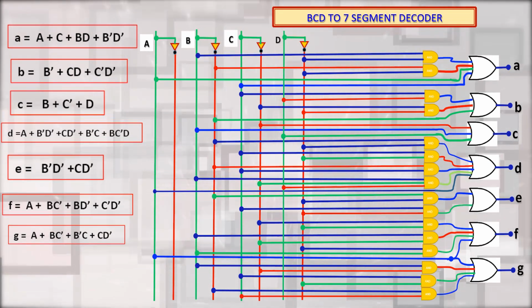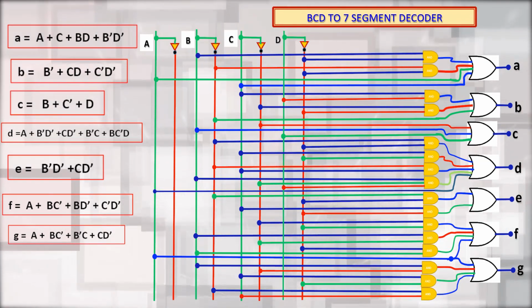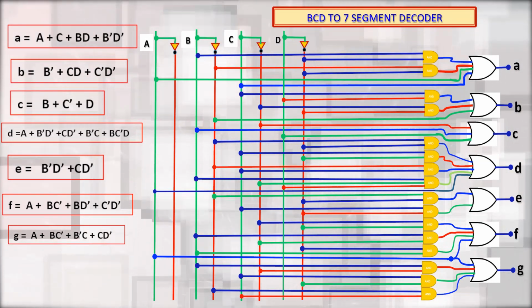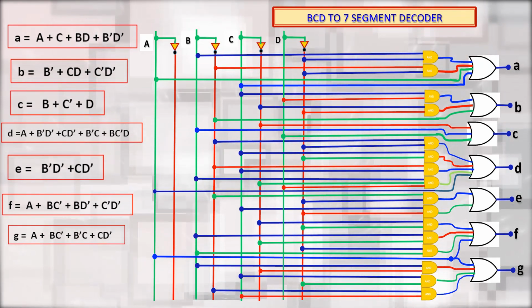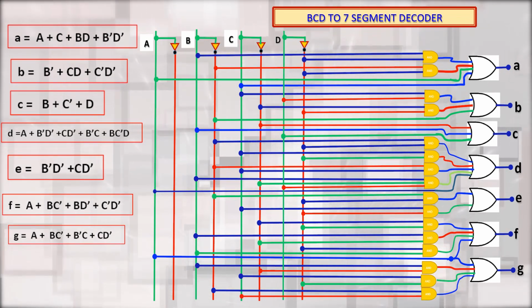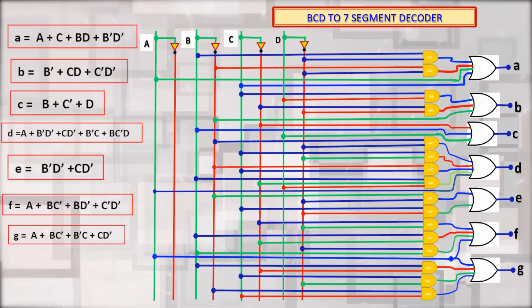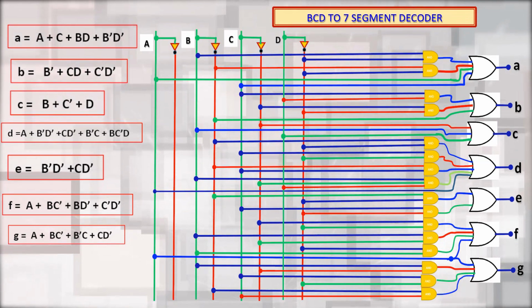Then inputs B and C bar are connected to the AND gate and the output of this AND gate is connected to the OR gate.